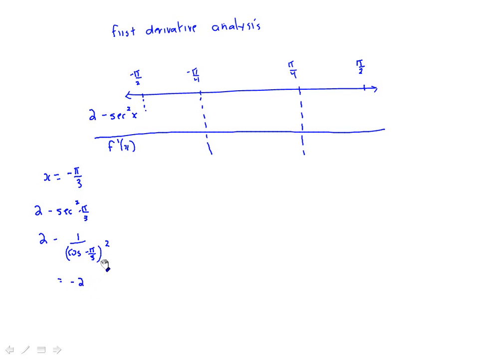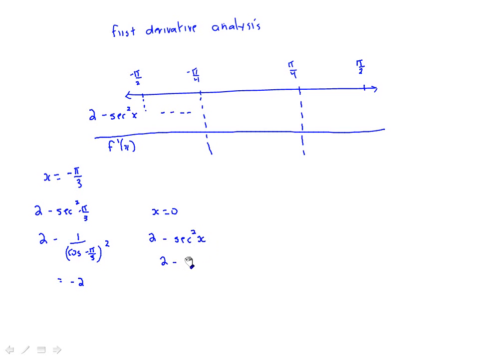So because of that, I know I'm negative. And then pick a number in between for the next interval. So x, say, I think 0 is a good choice. 2 minus the secant squared of x.